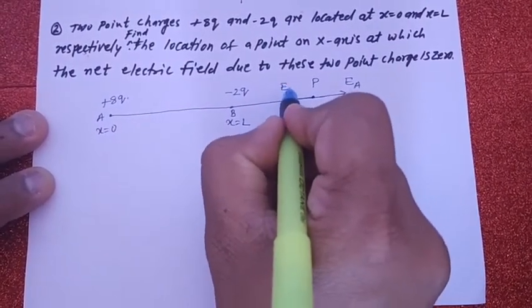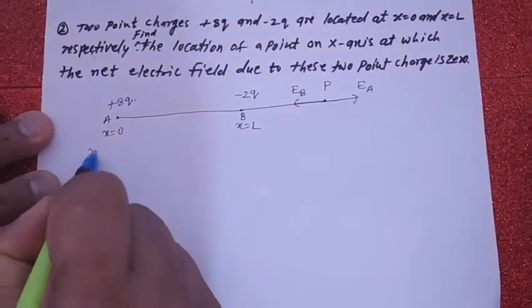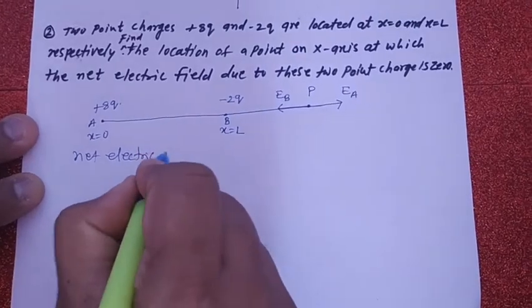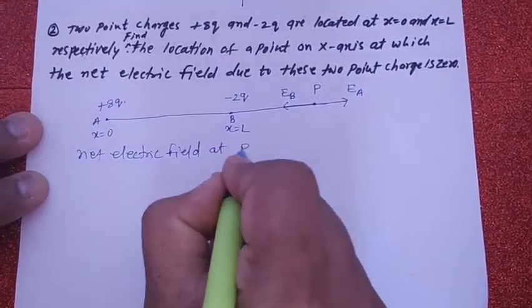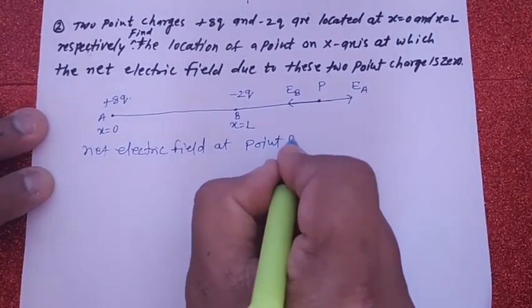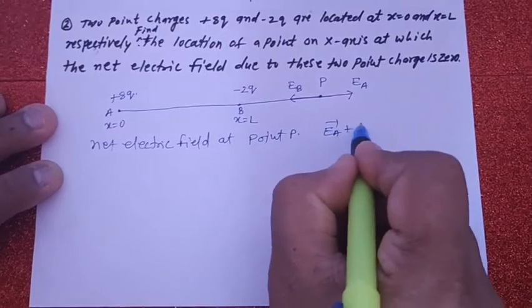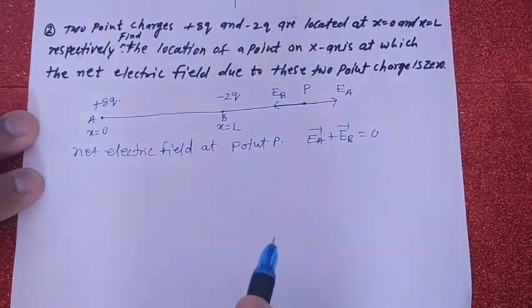This is EB. So the net electric field at point P equals EA plus EB equal to 0.